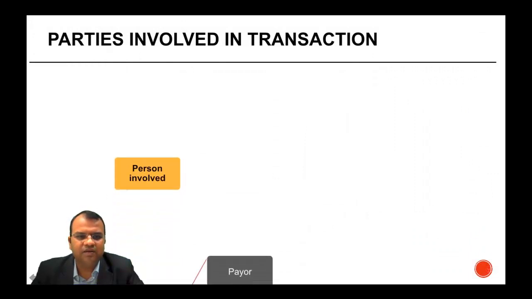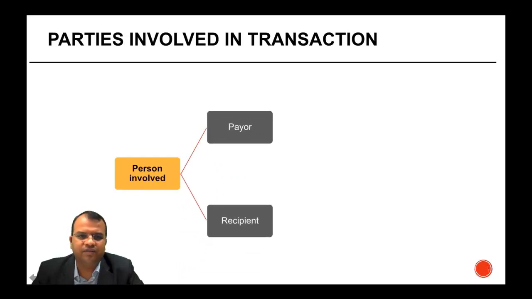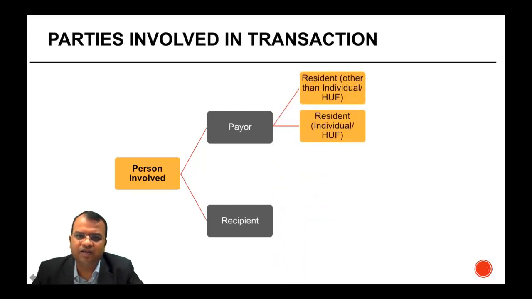Like I said earlier, generally there are two parties in a transaction: a payer, the person who is making the payment, and the recipient. As we discussed earlier, the first thing we need to know is who all are liable to deduct TDS under section 194J.